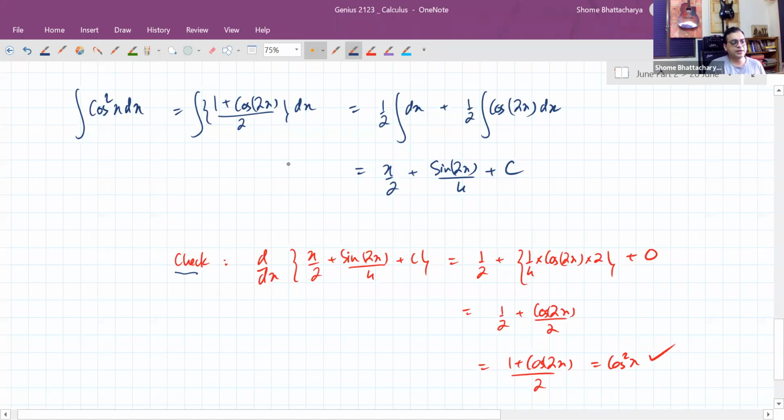So you don't need to memorize these formulae of integration of cos square x or sine square x or integration of sin x cos x. You just need to keep in mind that when we are integrating these, we use these identities of cos 2x and sin 2x from trigonometry. Because again, these are integrations which are going to be pretty common in physics later.